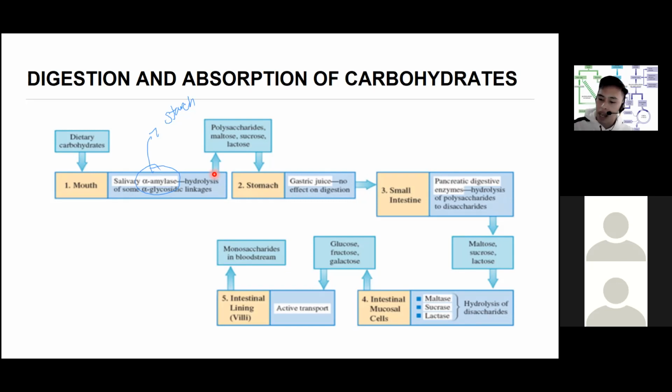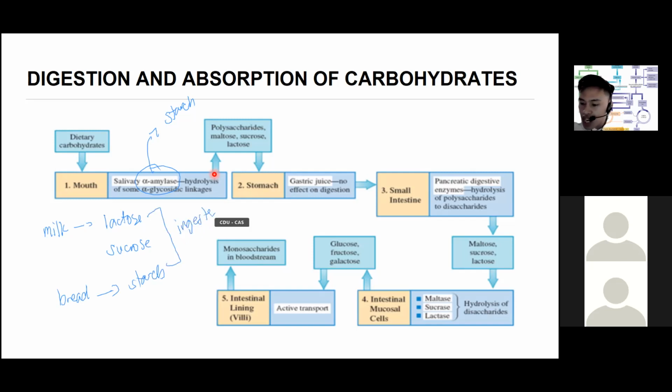So for example, I drink milk. What sugar is in milk? It contains lactose, or probably sucrose. And then I eat bread. What is in bread? It contains starch. So among these carbohydrates that you ingested, which undergoes chemical digestion in the mouth?